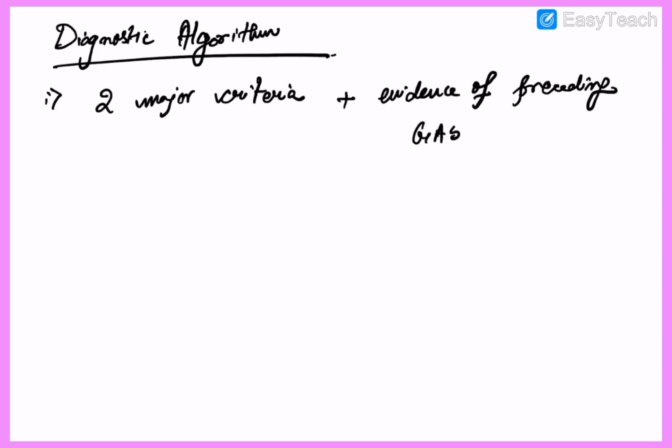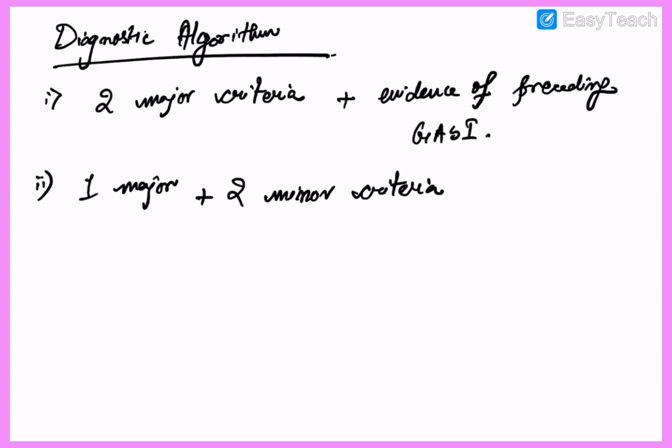Number 2, what is the other algorithm? Minimum 1 major plus 2 minor criteria plus evidence of preceding group A streptococcal infection.